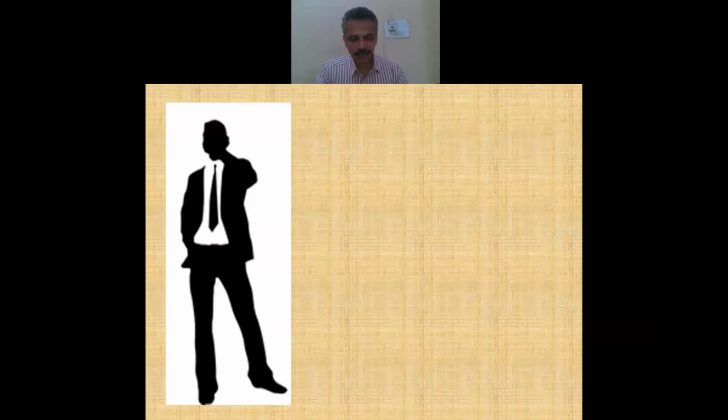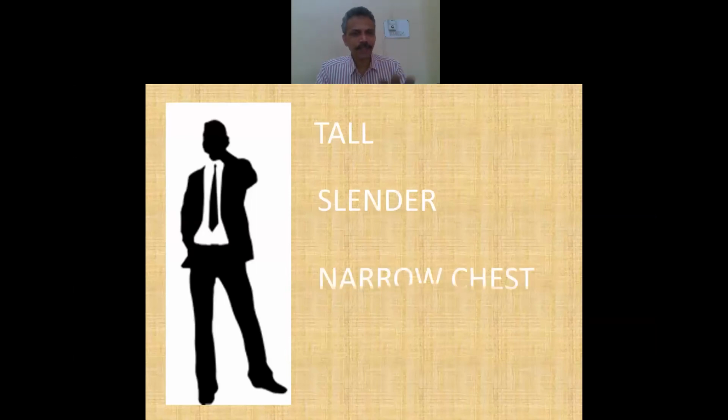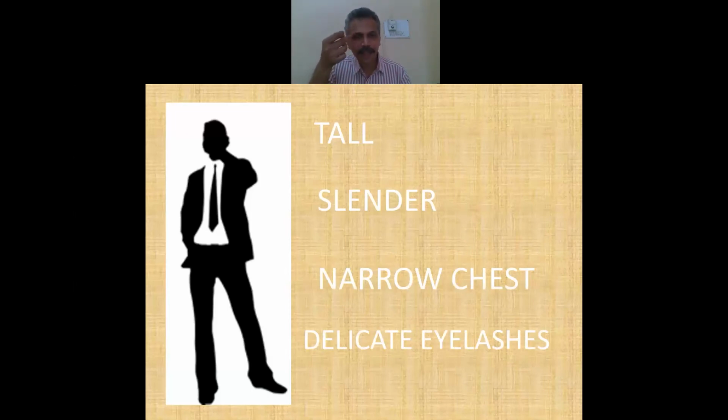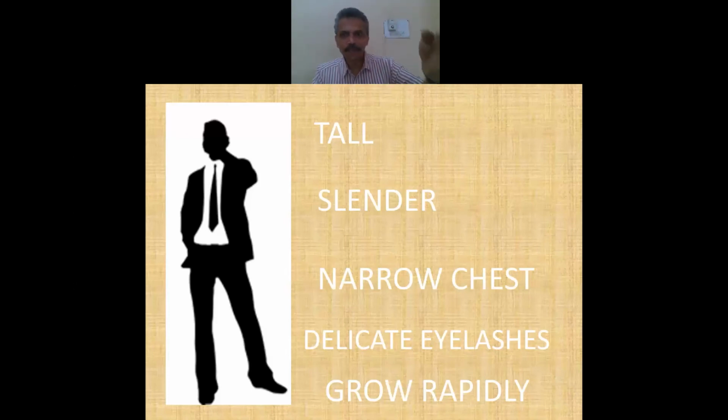So tall, very slender, thin, narrow-chested persons, and they look very handsome, with delicate, long, fine eyelashes. Children grow very rapidly. You would have seen a boy three months back, and after three months there's a huge difference in his height. Children who grow too fast.